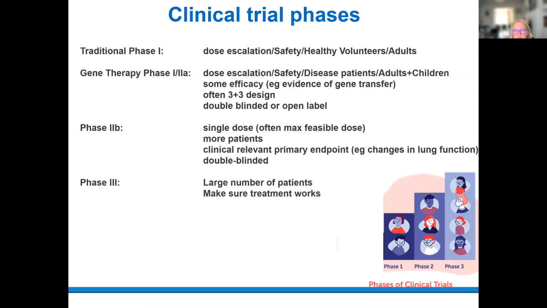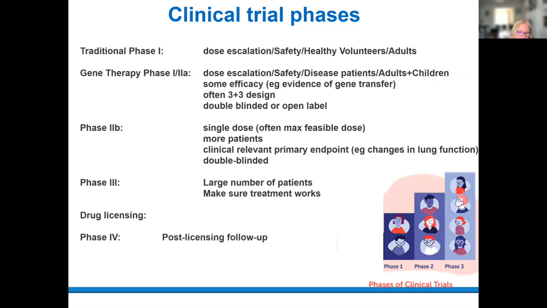If you're lucky enough that your hypothesis holds up in a phase 2B study, you then move into a phase 3 study. And this is now a large number of patients to make sure your treatment really works in a variety of settings and scenarios. If your phase 3 studies are successful, you can license your drug.